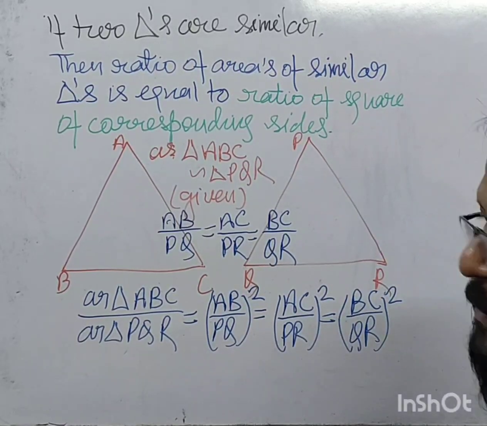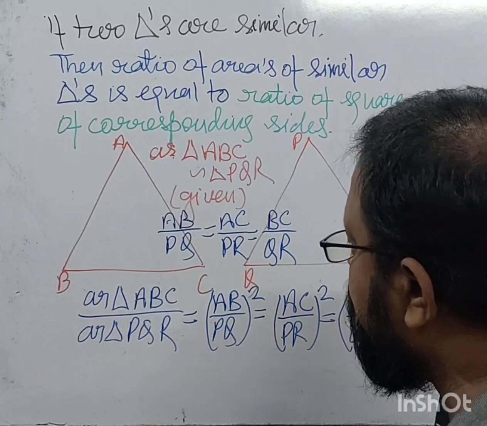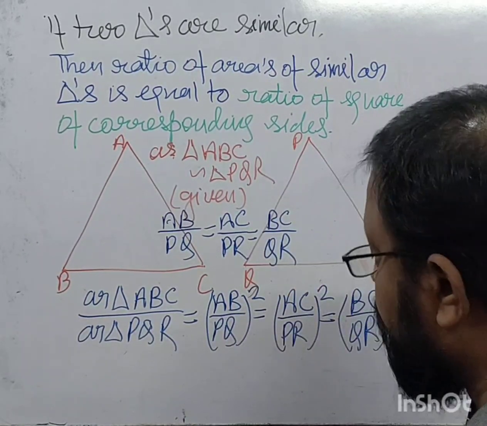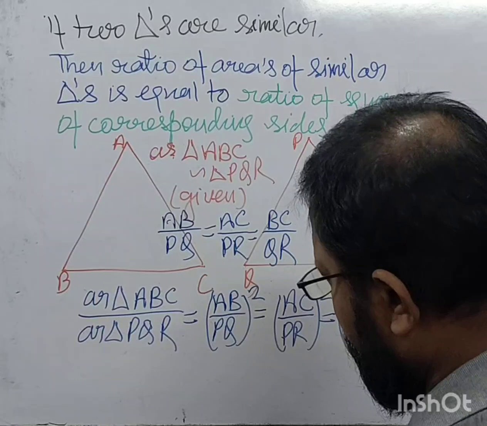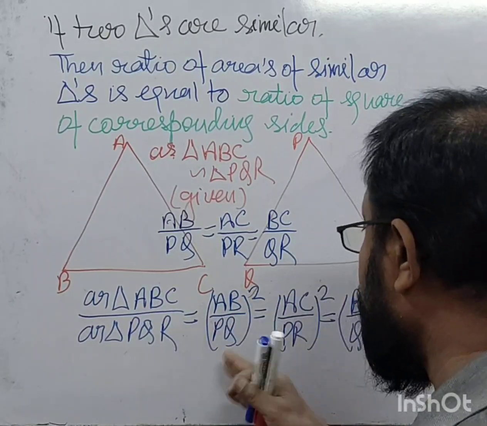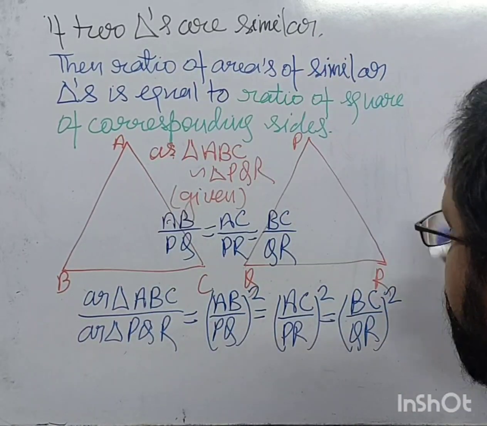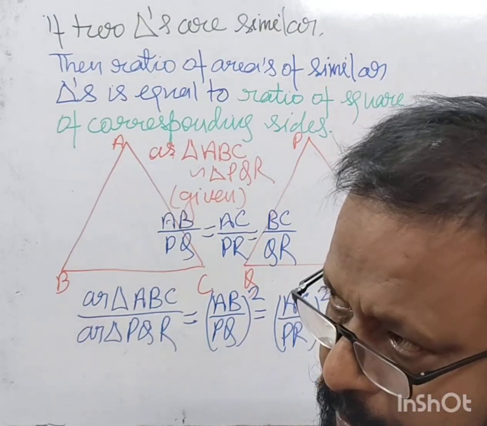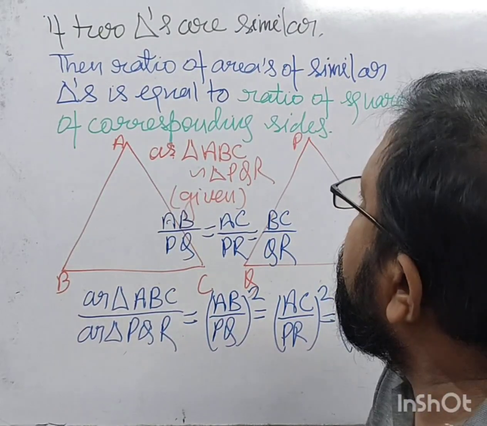This is, the ratio of areas of corresponding similar triangles is equal to the ratio of the square of corresponding sides. This is the relation we have between areas of similar triangles, right?